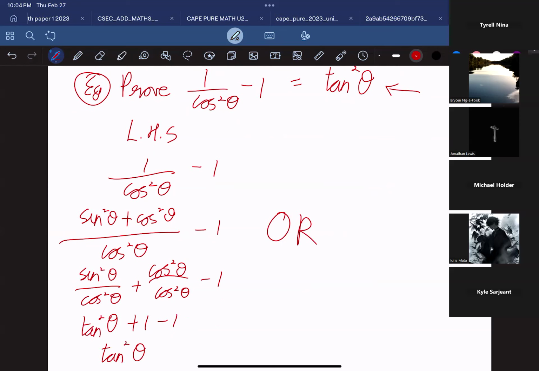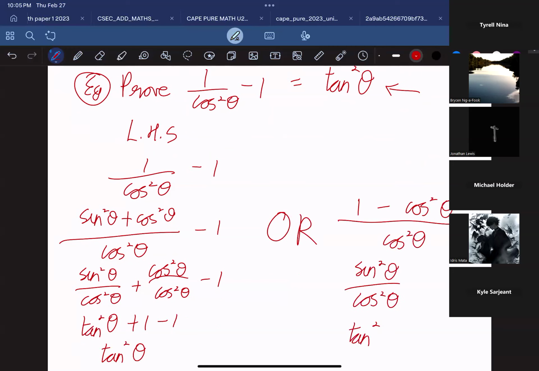Showing you another way. You could say, well, my right hand side has only 1 term, so I go and find the LCM, right? So I find the LCM here, cos squared theta. So this becomes 1 minus cos squared theta. And I know 1 minus cos squared theta is sine squared theta, over cos squared theta, which is tan squared theta.